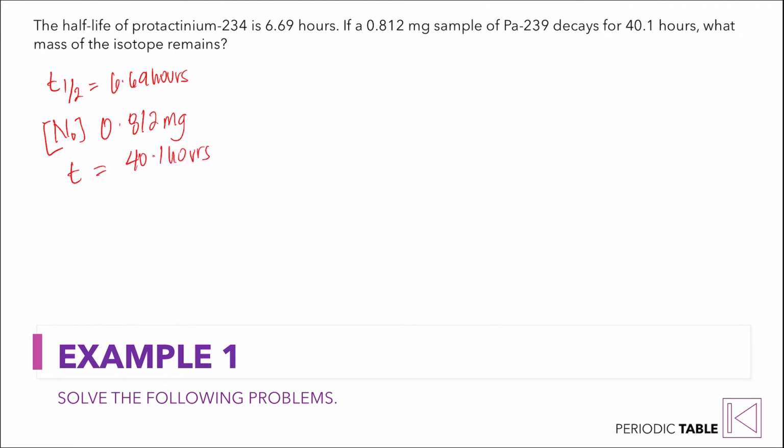The question is how much of the isotope remains. So kailangan nating alamin yung final amount. So paano natin isosolve yun?